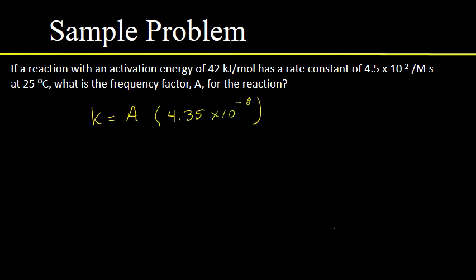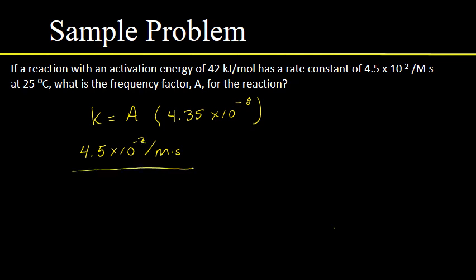All right, so this is where we were before. We want to solve for A, so we can just divide both sides by 4.35 times 10 to the minus 8. I'm going to go ahead and put the value in for K at this point. K, remember, if you look up at the top of the page, is 4.5 times 10 to the minus 2 per molarity second.